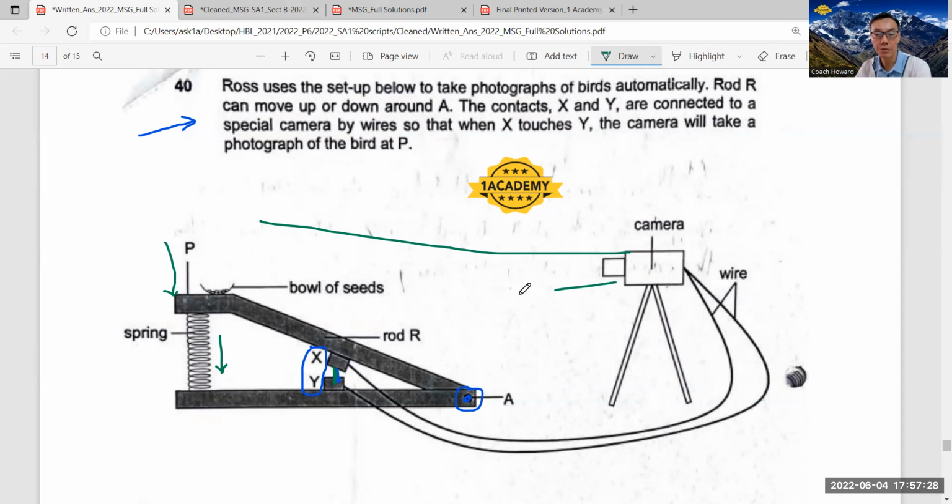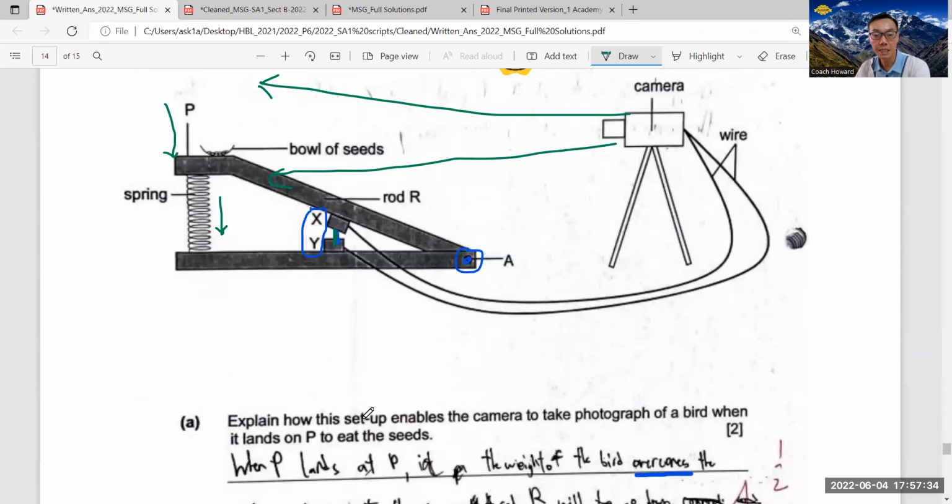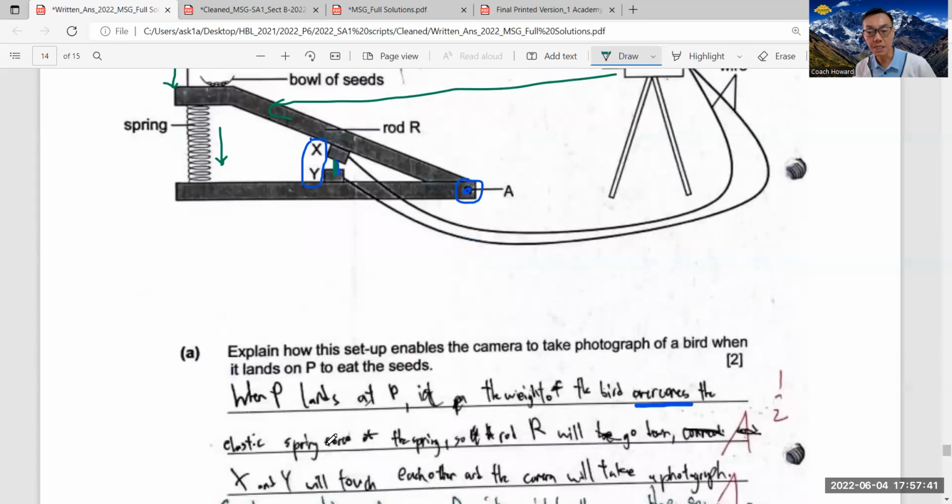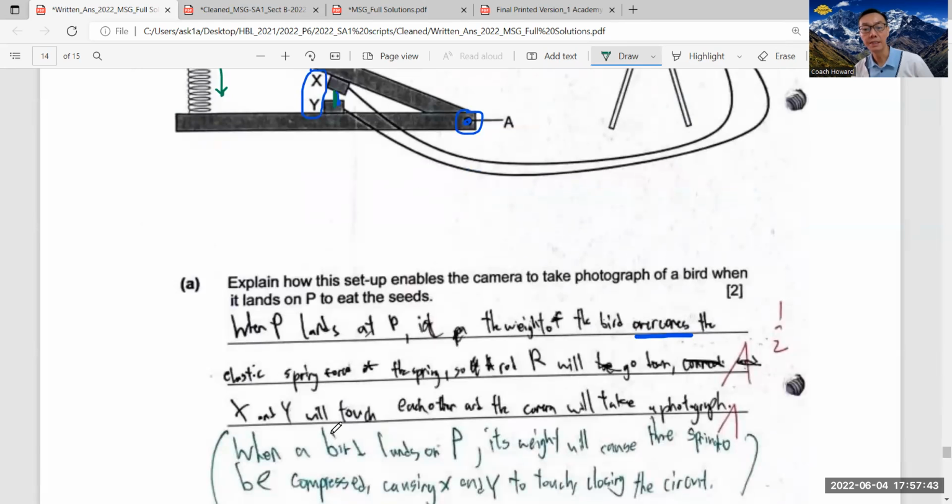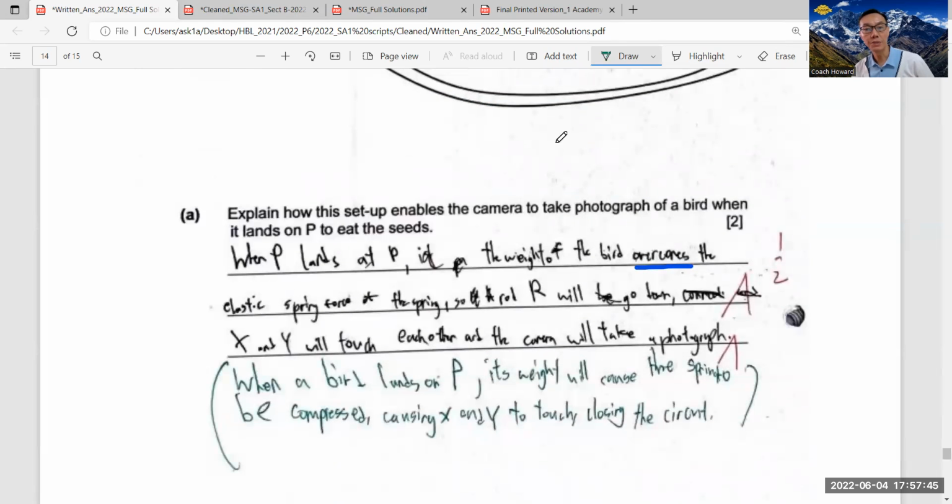So the camera will fire the shot to take the bird. Okay, so now this question says, explain how this setup enables the camera to take a photograph of a bird when it lands on P to eat the seed.